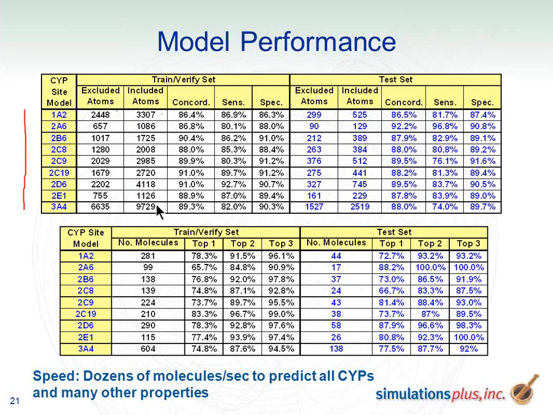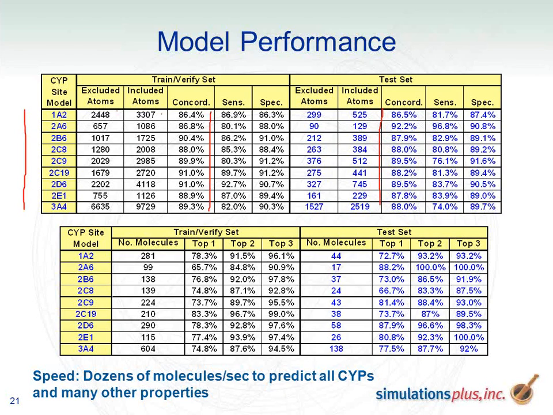And then here are the included atoms. These will be both potential substrate sites or sites and non-sites. As you see, we have really excellent concordance, all above 85%, very nice sensitivity and specificity, and similarly for the test set over on the right.